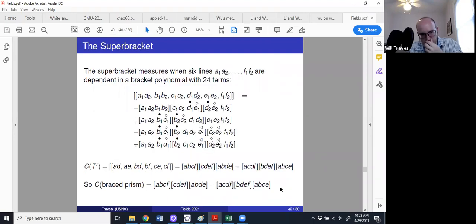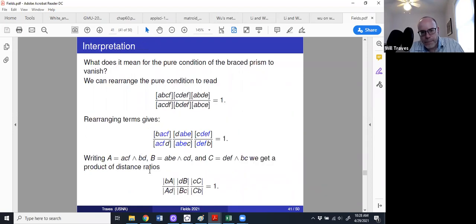On one hand, we know what it means. It means that these 6 lines are dependent in 3 space. But I'd really like to get a Grassmann-Cayley interpretation for this bracket polynomial. And this bracket polynomial, remember, is telling us when the braced prism has motions.